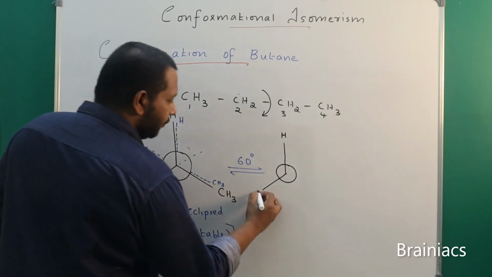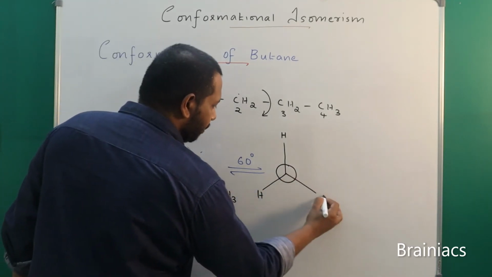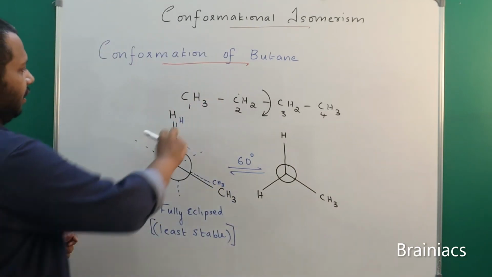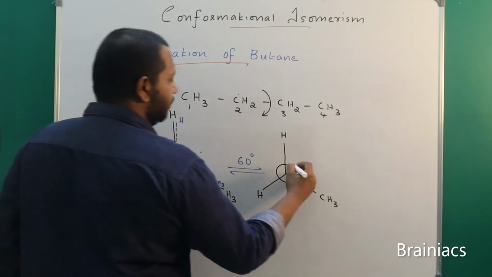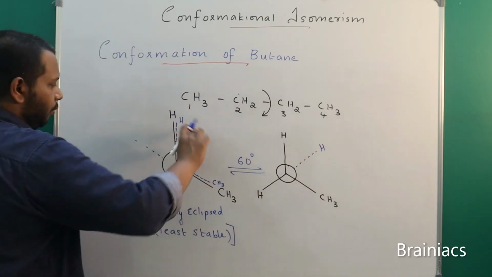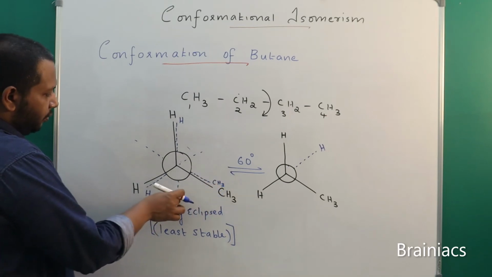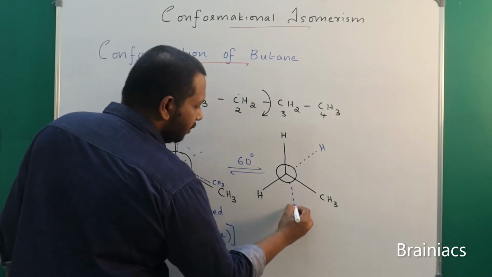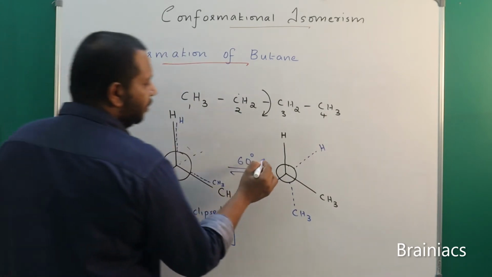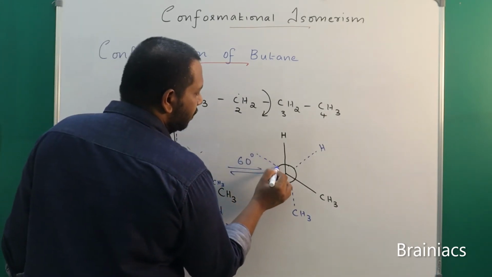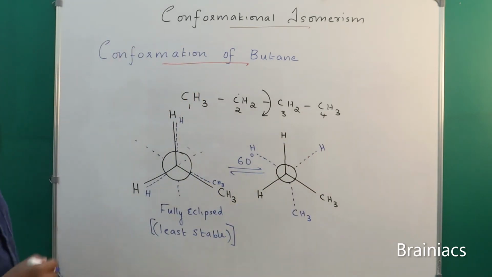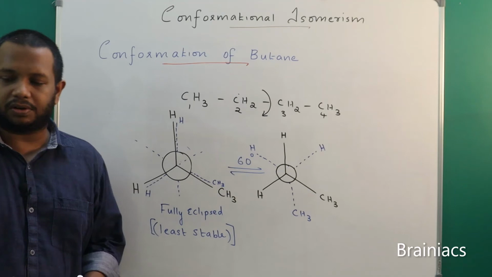I will fix the front part and rotate the back part. So you have CH3 here, and the back part is rotated 60 degrees. Hydrogen will come here, and when it moves, this will automatically move, CH3 will come here, and this will also move to this position. This is what you will get after 60-degree rotation.